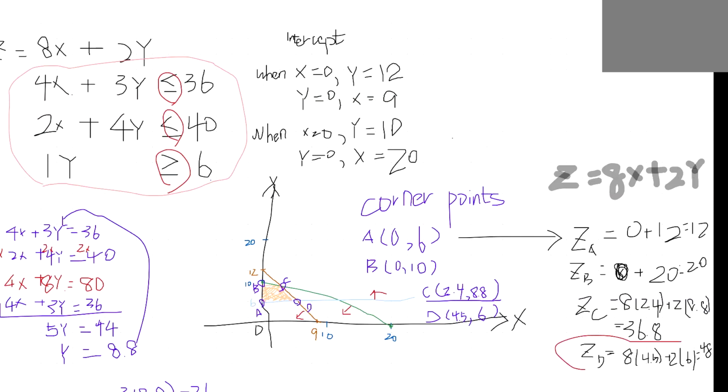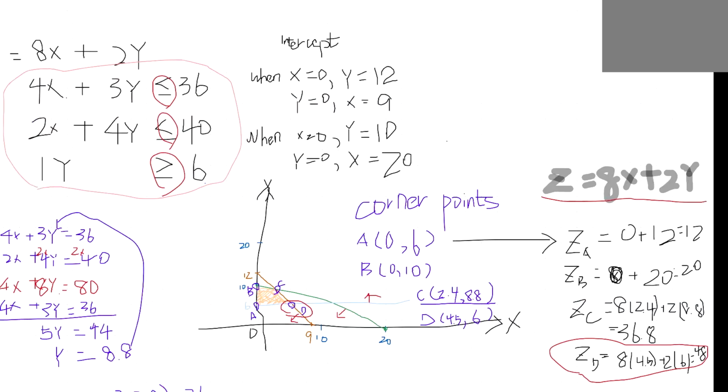So you see that this one is the answer. Yes. This is how you solve the question. But the moment I drew this feasible area, I knew the answer was D. Do you know why? Because when I look at the objective function, z, 8x plus 2y, the more x, the more money you make, 4 times more than y.